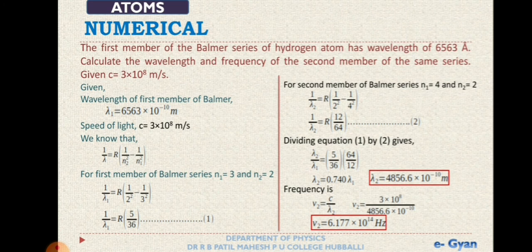Thus, we have found the wavelength and the frequency of the second member of Bohr's series by taking into account the wavelength of first member of Bohr's. At any cost, if R is not given in the question, you are not supposed to use it. So you have to reduce the solution such that you are going to cancel R at some point.